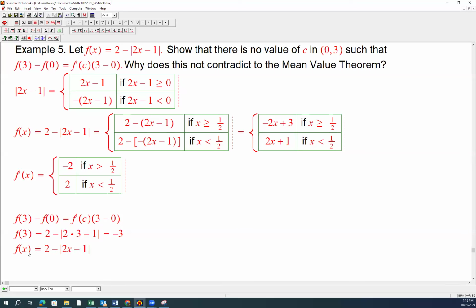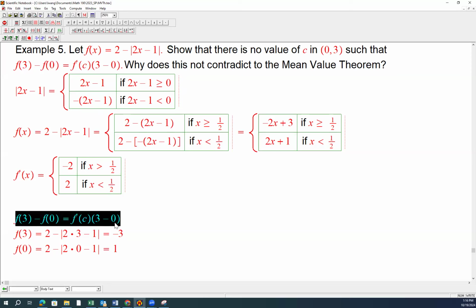What is f of 0? 0 times 0, so this is going to be negative 1 in absolute value. The absolute value of negative 1 is a positive 1. 2 minus 1 is 1. So we've got the left-hand side.